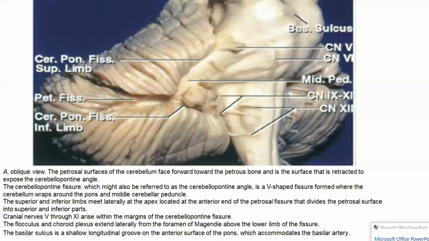This fissure is an important landmark in the anatomy of the CP angle. Here you can see the cranial nerves exit from this fissure. From superior to inferior, you have cranial nerve 5, followed by 6, and then the 9th and 12th cranial nerves exiting from this cerebello-pontine fissure.